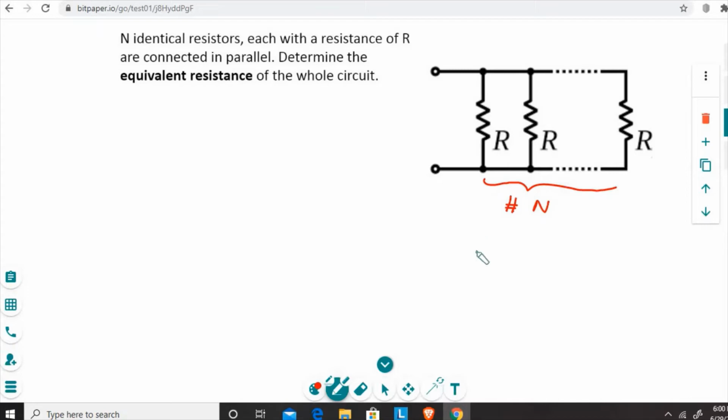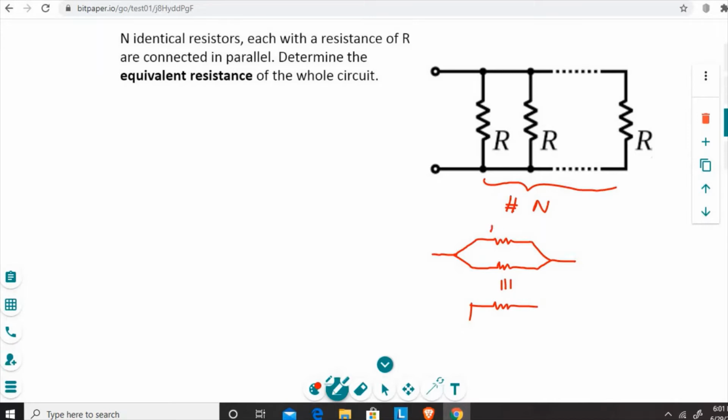So here previously, if you remember, I drew the circuit diagram like this. Okay, but this is equivalent to drawing the circuit like this.